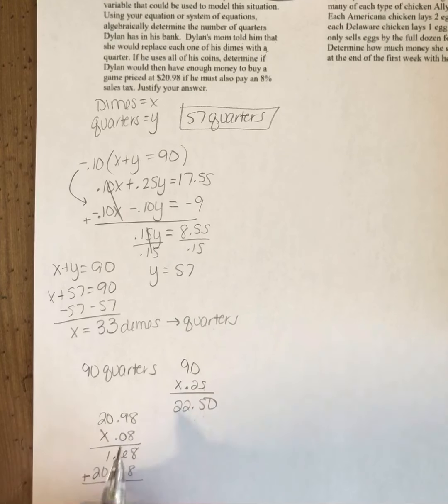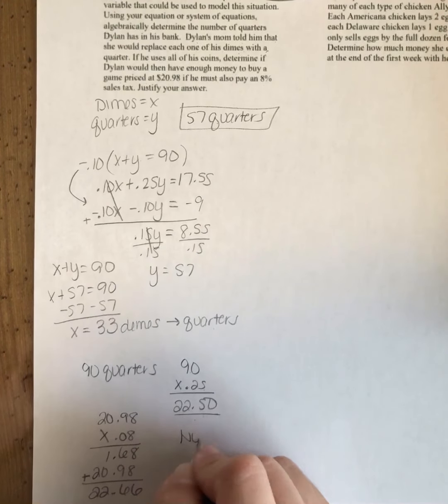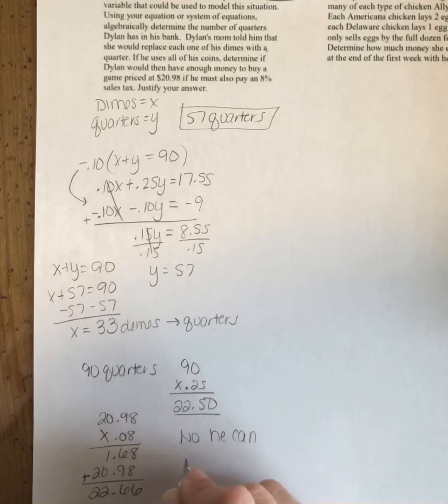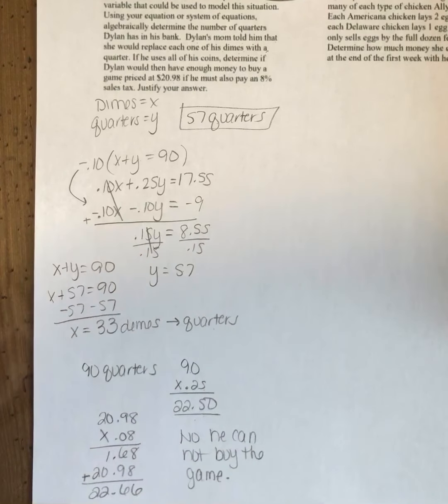So it'd be $22.66. Does he have enough money to buy his video game if he only has $22.50? No, he cannot buy the game. He technically only needs another 16 cents, but the store is not going to give him that 16 cents.